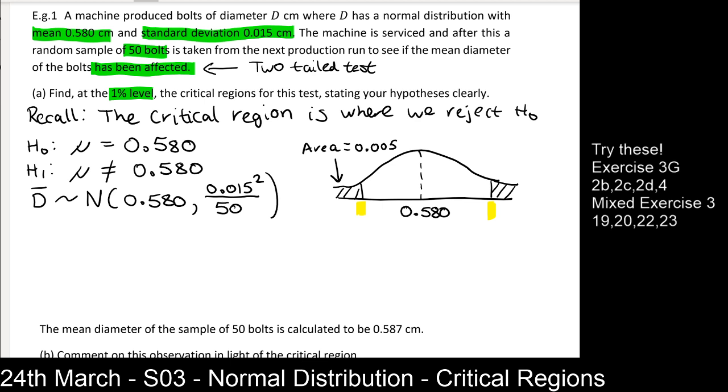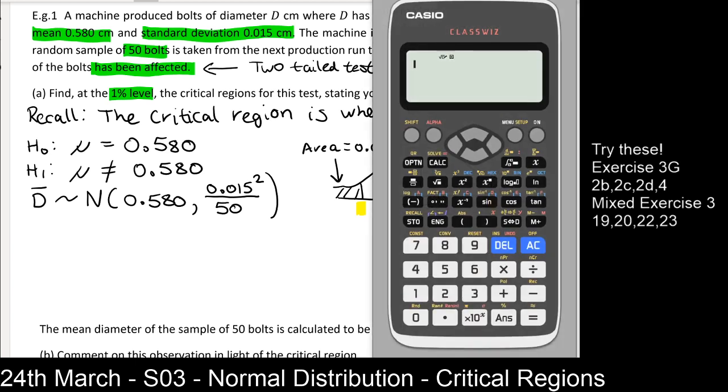So now what I do is I get the calculator out. And what I'm going to first do is work out my lower tail. So on the calculator, I go menu and then 7. And this time, unlike yesterday, I need to use inverse normal because this time I know the area, but I don't actually know the value that gives you that area.